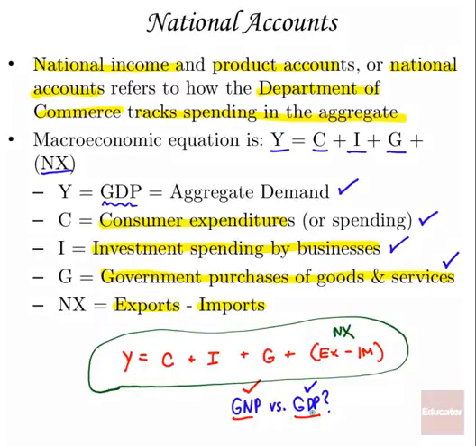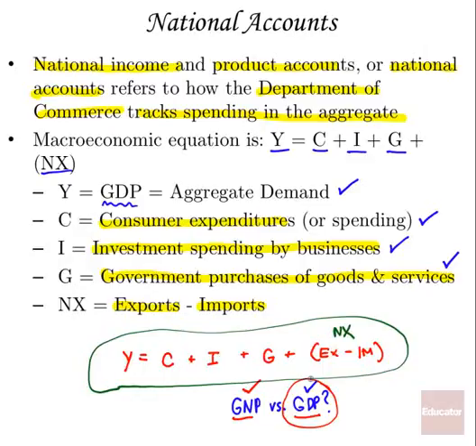GNP and GDP are going to be very similar because they're tracking very similar data. But the switch was made to go with GDP, at least as far as the AP curriculum is concerned, simply because that calculation is what's more out there in the media. GDP numbers are what's reported, not really the GNP number. So I'm not going to go over a whole overview on GNP versus GDP.